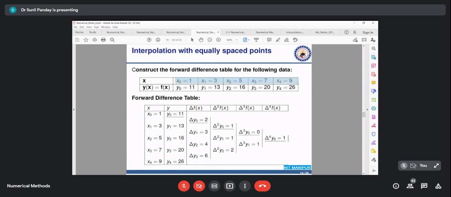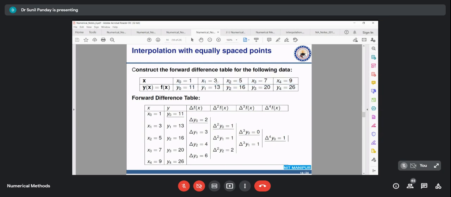So you can see this data. For x0 we know y0, for x1 we know y1, for x2 we know y2, for x3 we know y3, for x4 we know y4. And if you see the x values, the common difference you can easily guess is 2.